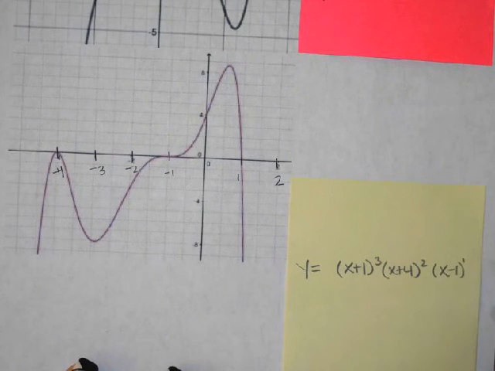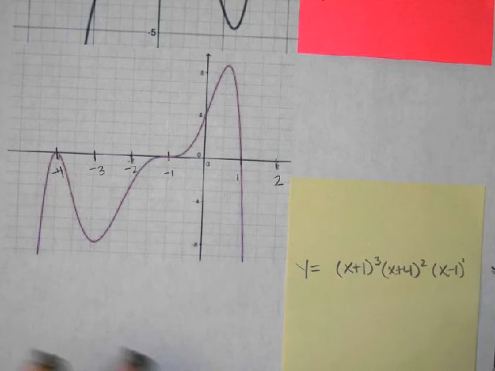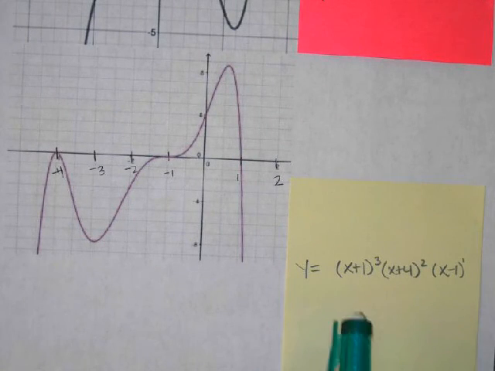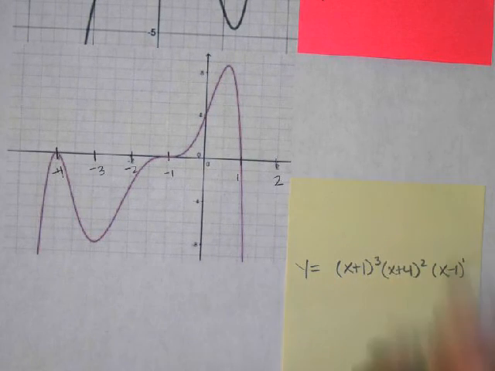Since you said any odd number, like 3, any odd number multiplicity is going to look the same, but when we write our equations, we're just going to use 1, 2, and 3. Okay. I almost agree with this equation. It's missing something. It needs a negative in the front.